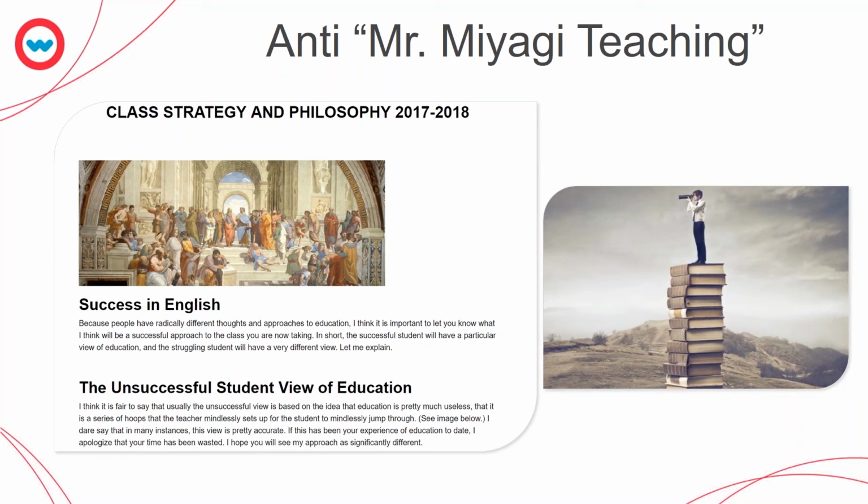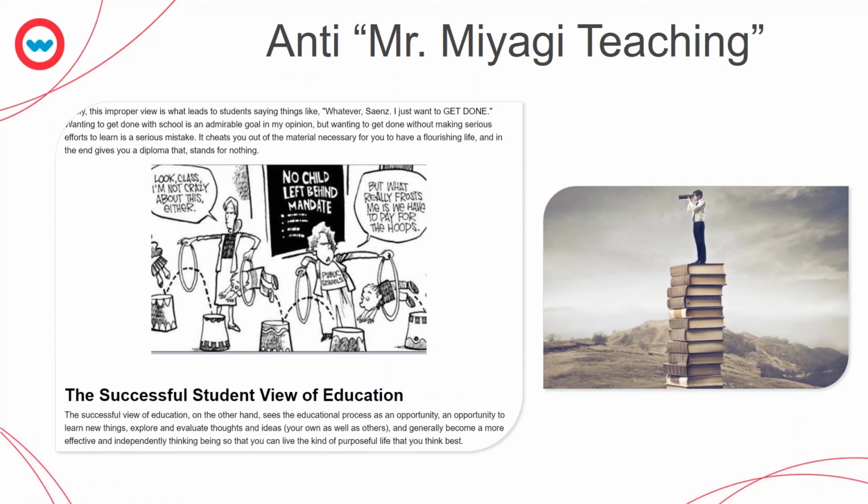And Odysseyware makes it such that we can just take a lesson at the beginning. This lesson here is actually called Class Strategy and Philosophy, and it tells a student how to be successful in English, why we think that's important, what makes an unsuccessful view of education, and then what makes a successful view of education.